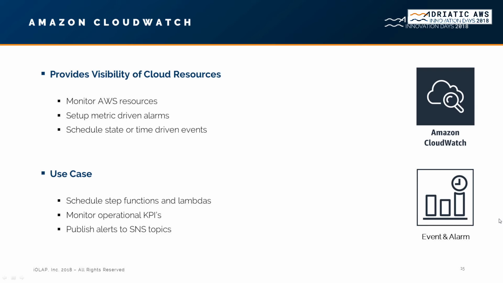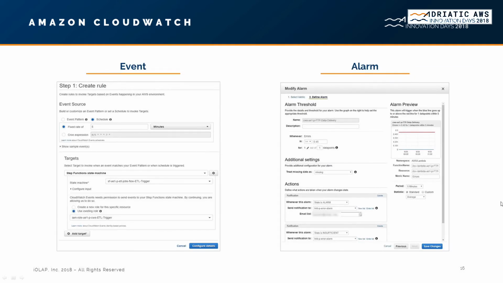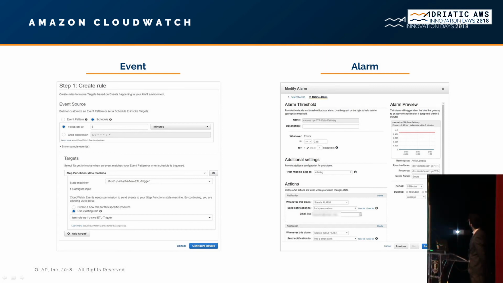So we use it to schedule step functions, to monitor operational KPIs, and to publish alerts to notification topics. We will see in the next slide an example of the step function running every 5 minutes, and if the previous step function is running, it's not going to run again. Also here in the alarm, we can see that based on the KPIs that CloudWatch offers, we can trigger notifications.